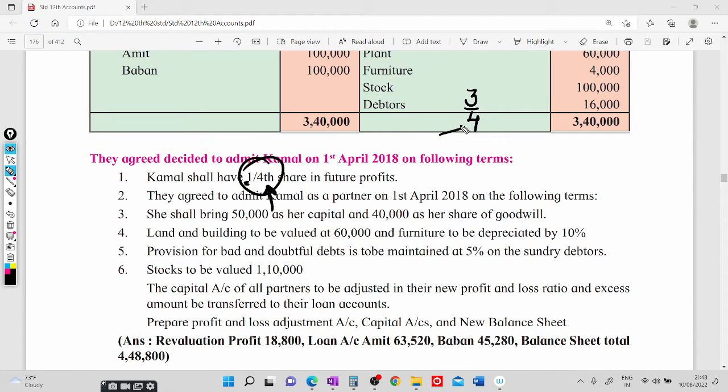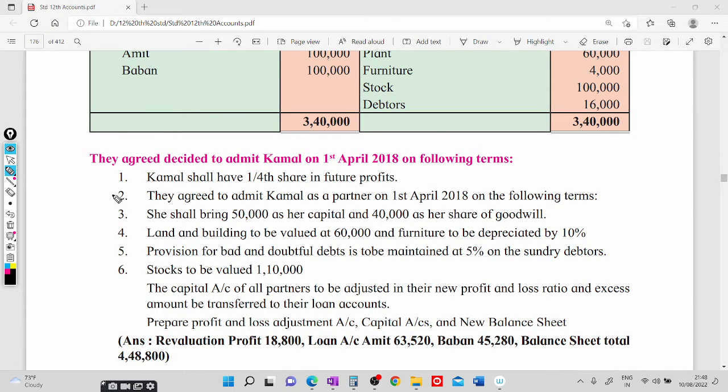Out of 4 parts, 1 part is taken by Kamal, what remains for the old partners is 3 parts, and this is called balance of 1. Whatever balance of the profit remains after the new partner takes his share is the balance of 1. It is used in calculation of new profit sharing ratio.